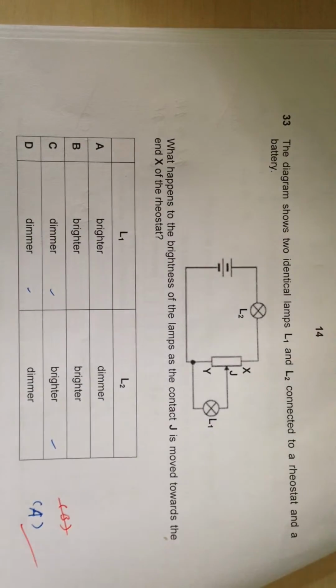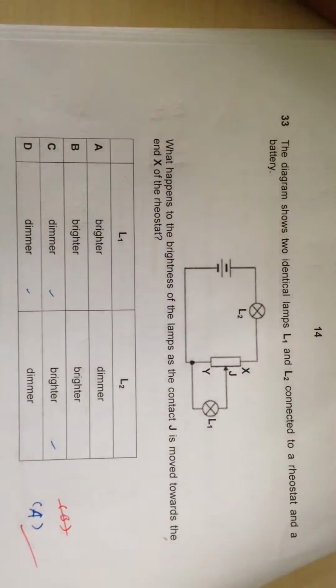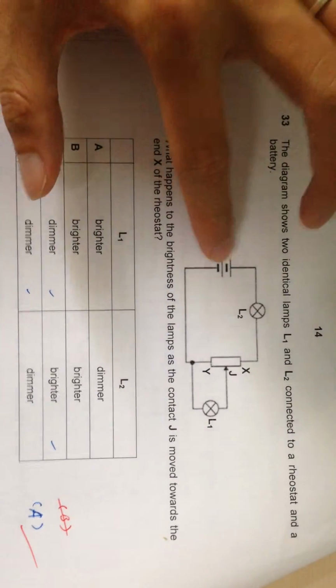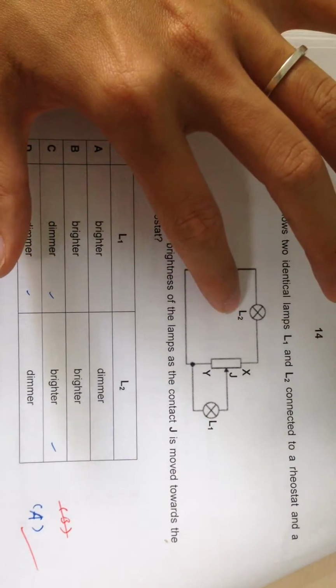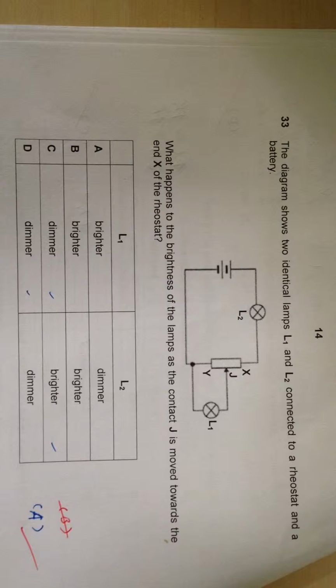Now the thing is, when you have a lamp in a circuit, most of the time you do not know what is the voltage flowing through it, right? If I just tell you this is 10 volt, can you tell me immediately what is the potential difference of this lamp? No, right? So it is quite difficult. Now, one thing is certain, that for a lamp, the resistance is fixed.